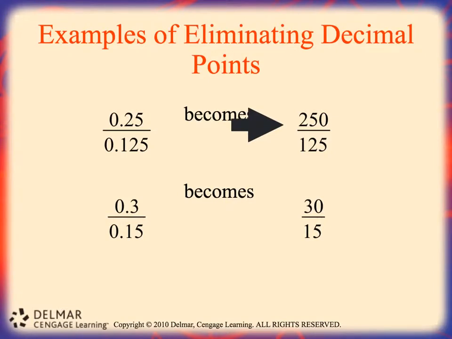So that's much easier to divide than the decimals. Again, here is another example. We've got 2 decimal places to move here. Since there's only one decimal place here, we add a 0, and this becomes 30 divided by 15.